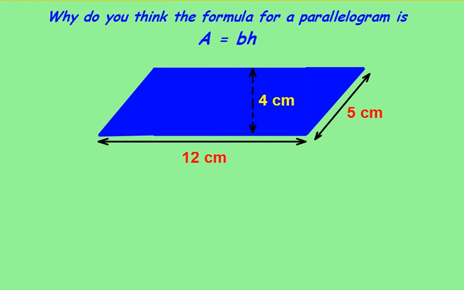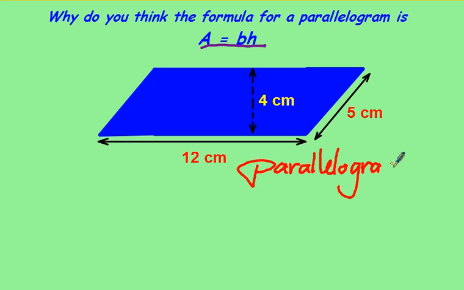This is a parallelogram. In this case, we're not going to use this side right here because the formula for the area of a parallelogram is area equals base times height. So you're going to be looking for some kind of height, and here it is, 4 centimeters. So again, name your figure, parallelogram.